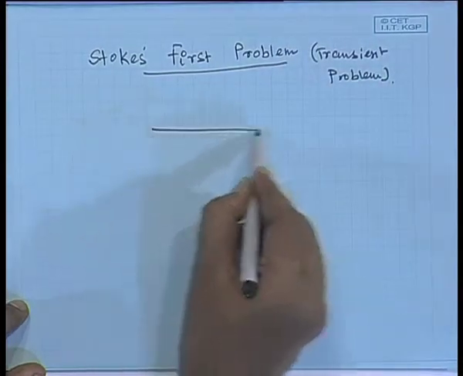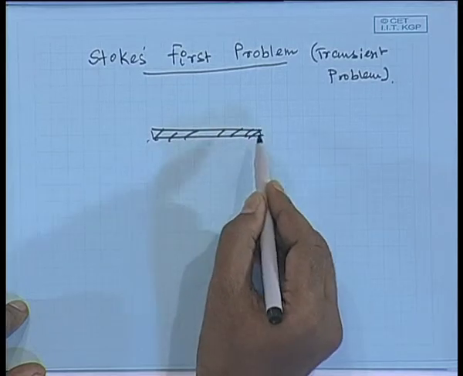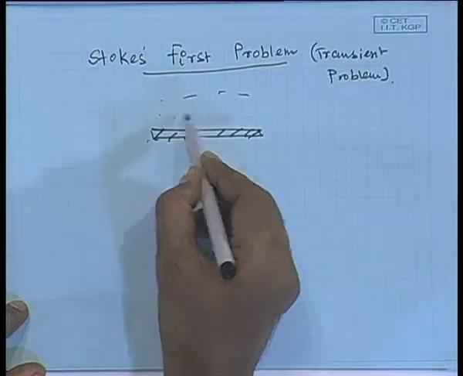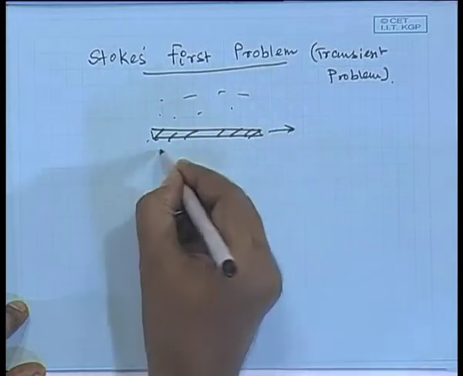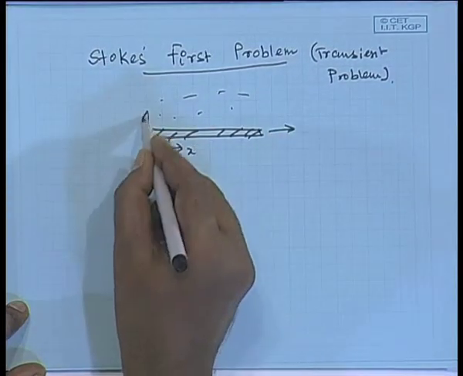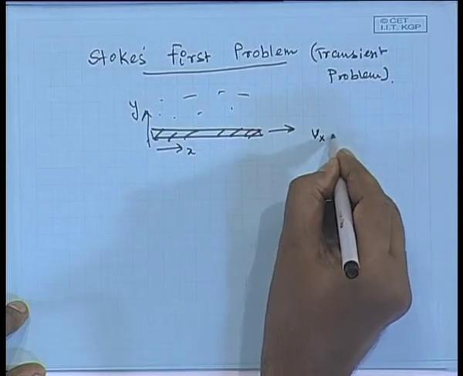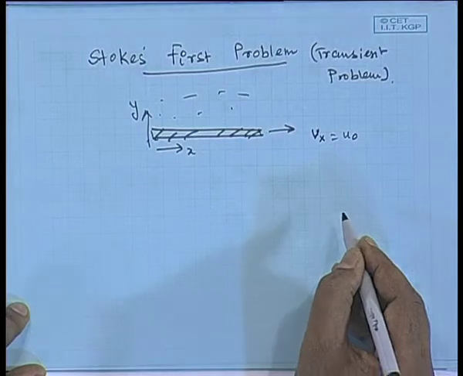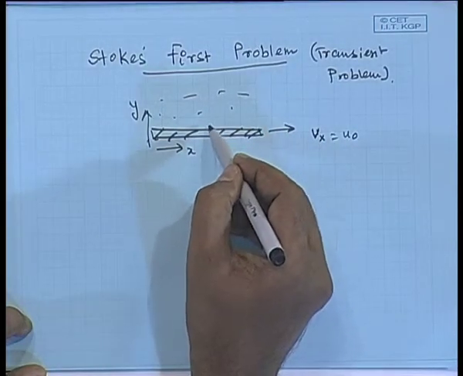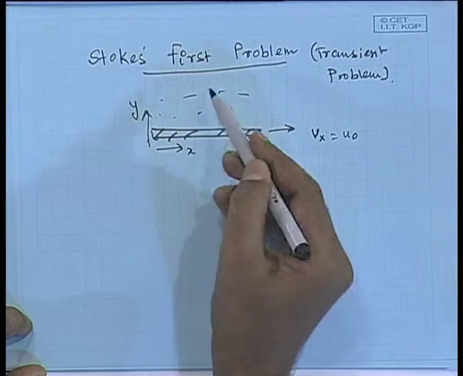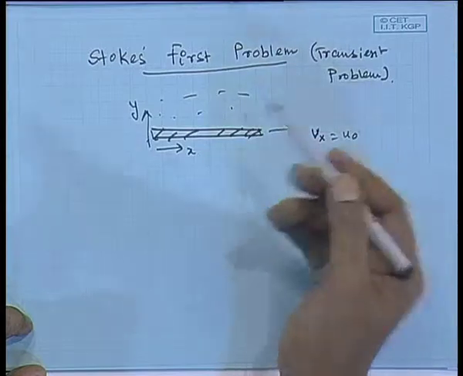It is the example we are discussing: there is a plate with stationary water, and at time t equal to 0, this plate starts moving in the x direction, with y as the other direction, with a constant velocity, let us say u0. The fluid particles will be retarding as you go away from the plate along the y axis, and at a certain point they assume the free stream velocity, which will be 0 velocity.